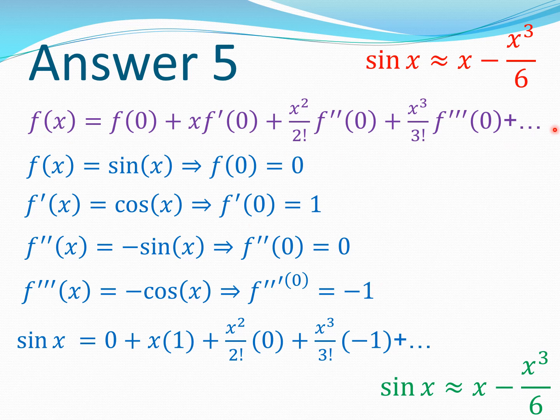Then all I need to do is substitute these values here. So I can write sine x is f of 0, which was 0, then x into f dash 0, that is x into 1. Then I have the next term, x squared by factorial 2 into f double dash 0, which would be 0. And then the final term, plus x cubed by factorial 3 into f triple dash 0, which was minus 1, and that immediately reduces to sine x approximately equal to x minus x cubed by 6.